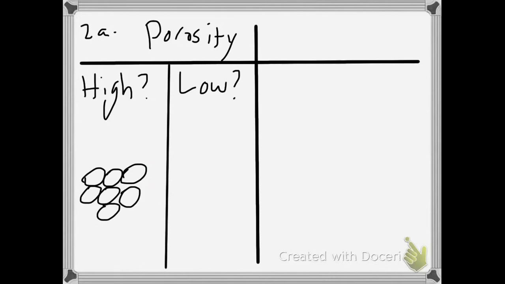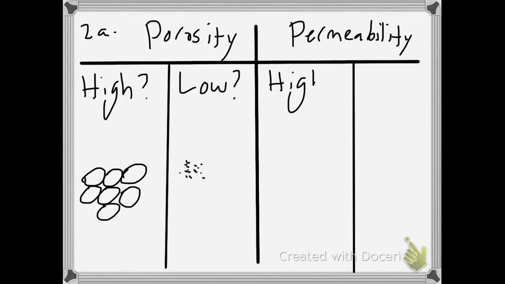What does it mean to have a low porosity? This means that you have a very fine-grained sediment, such as a silt or clay, and the silt and clay can't really hold a lot of water. So porosity and permeability are very intimately linked. So now let's get into high permeability. What does that mean?